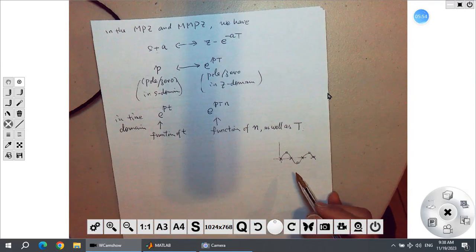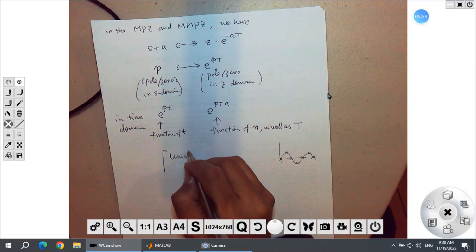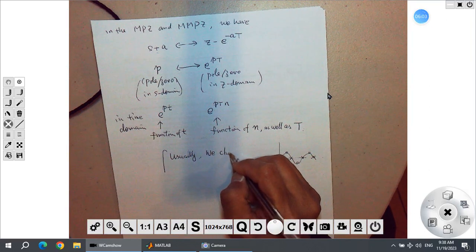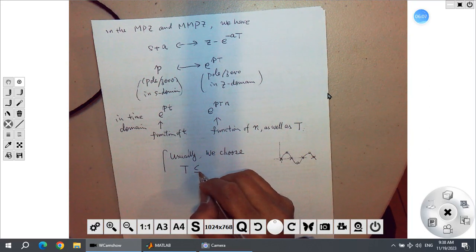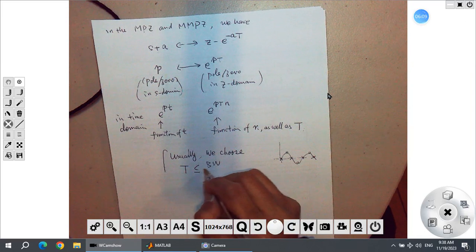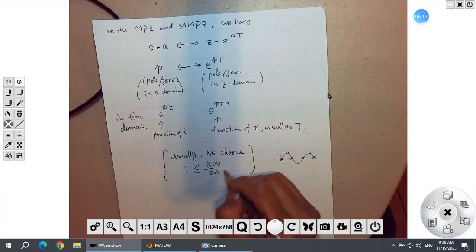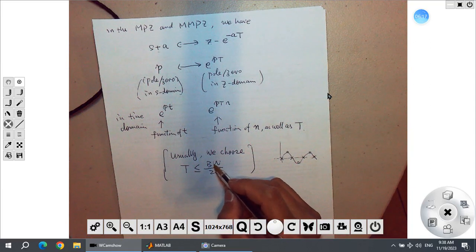For our purpose, we usually choose T smaller than or equal to the bandwidth over 20. Just use this one. The bandwidth is the bandwidth of the system.